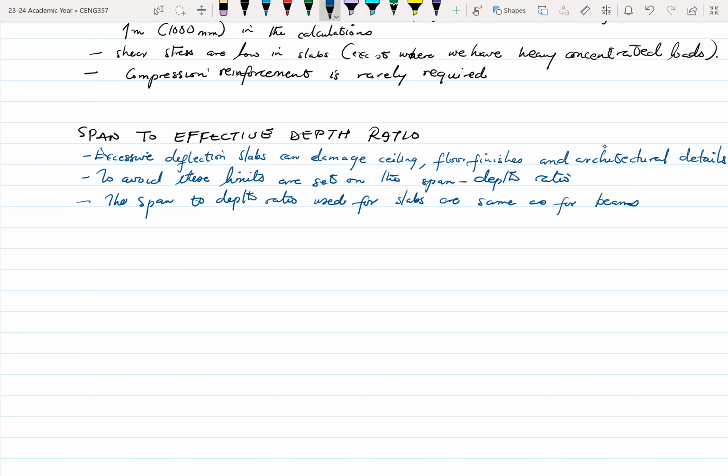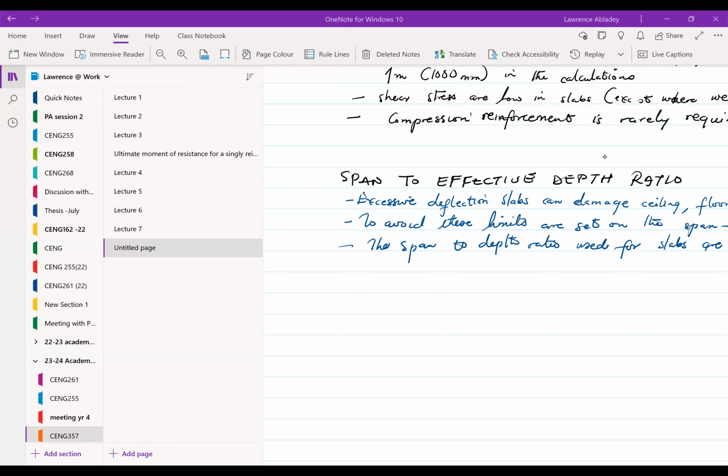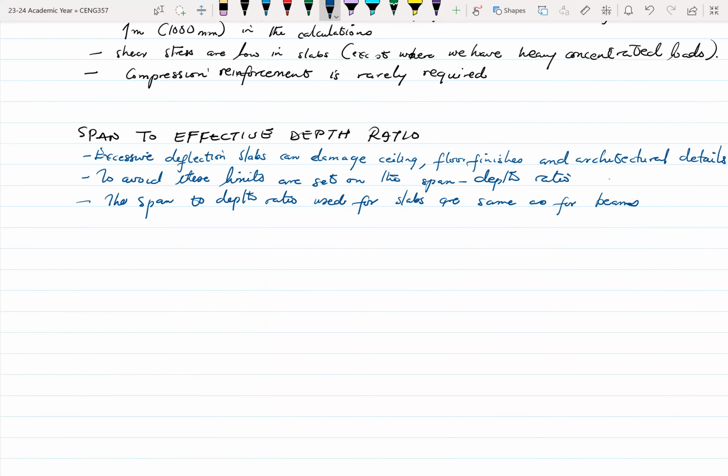Let's just take a note of that. They're the same as for beams. So whatever we discuss here can be used for beams, especially when you are dealing with your beam design. All right. Okay, so these are the three things that we have to look at.